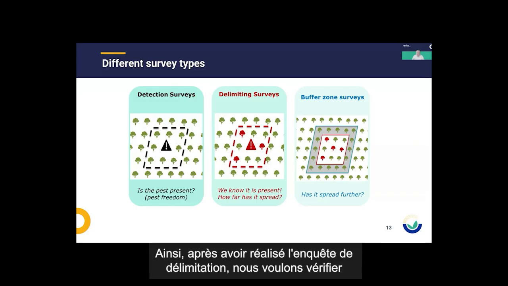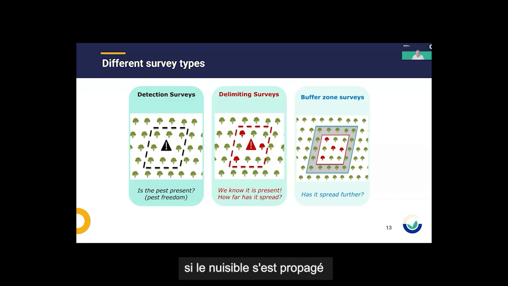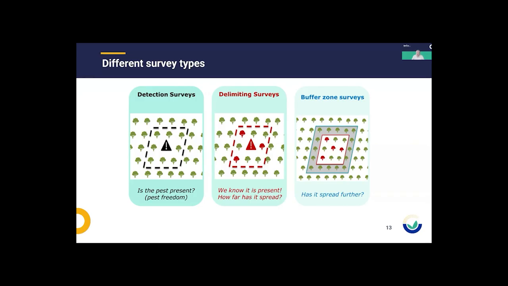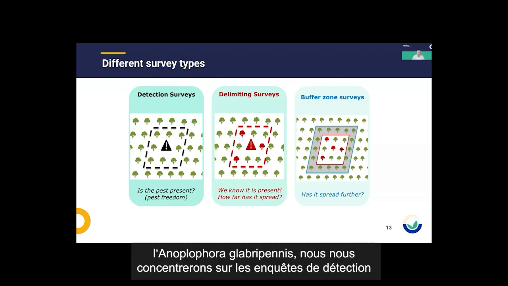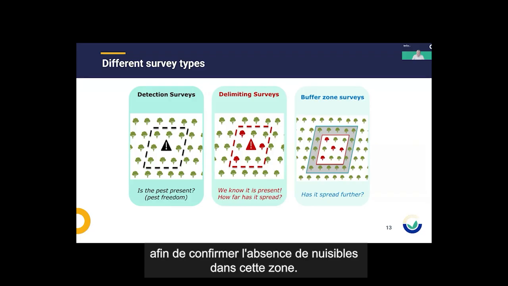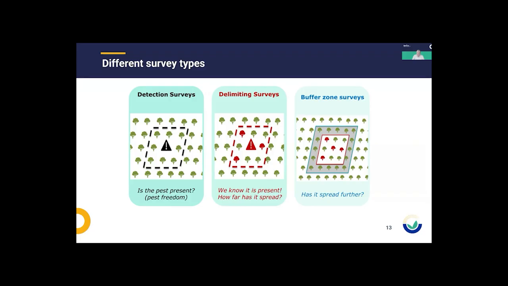After performing the delimiting survey, we want to check whether the pest has spread beyond the infested area, outside the demarcated area of the outbreak. So in this webinar for Anoplophora glabripennis, we will focus on detection surveys and on substantiating pest freedom for this pest. Next, please.